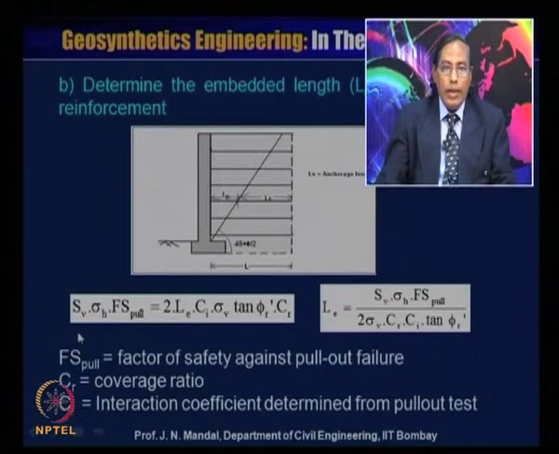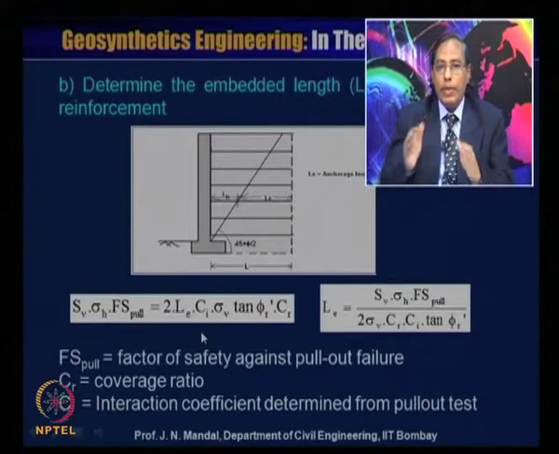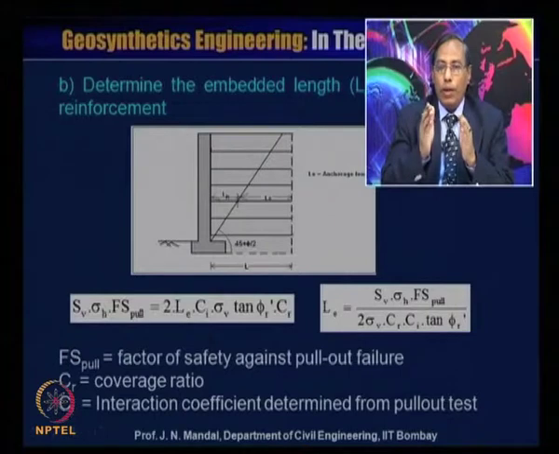So, you know that SB into sigma H into Fs pull out, the factor of safety against pull out failure, will be equal to 2 into LE into Ci sigma V tan phi r dash into Cr. Here Cr is the coverage ratio and Ci is interaction coefficient determined from the pull out test. So, you can calculate this interaction coefficient from the pull out test.